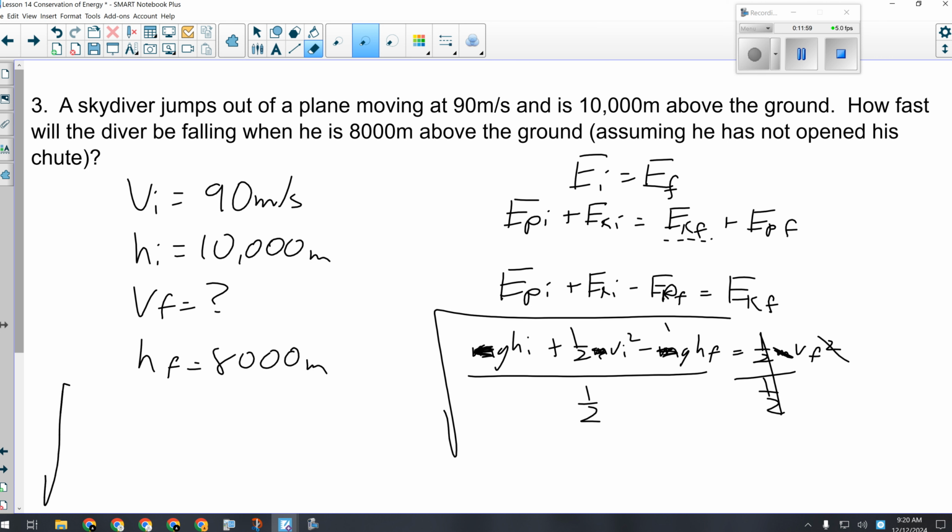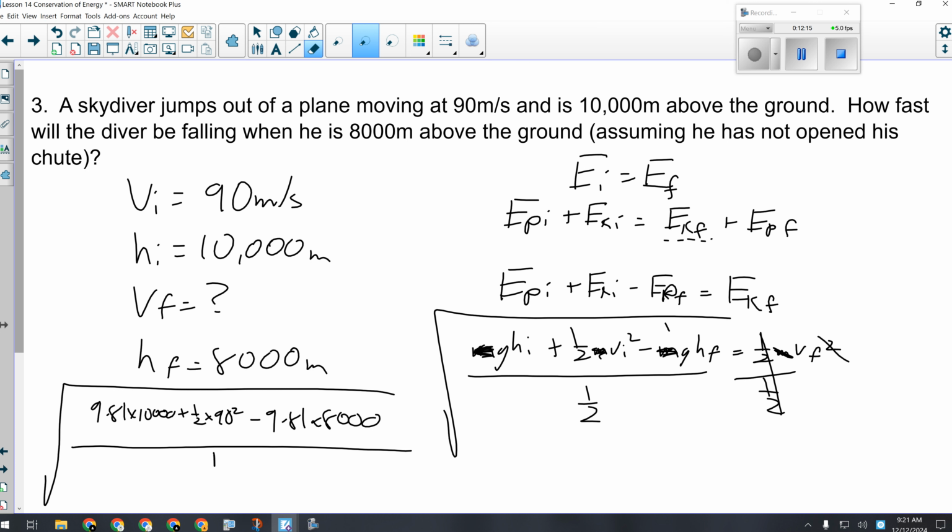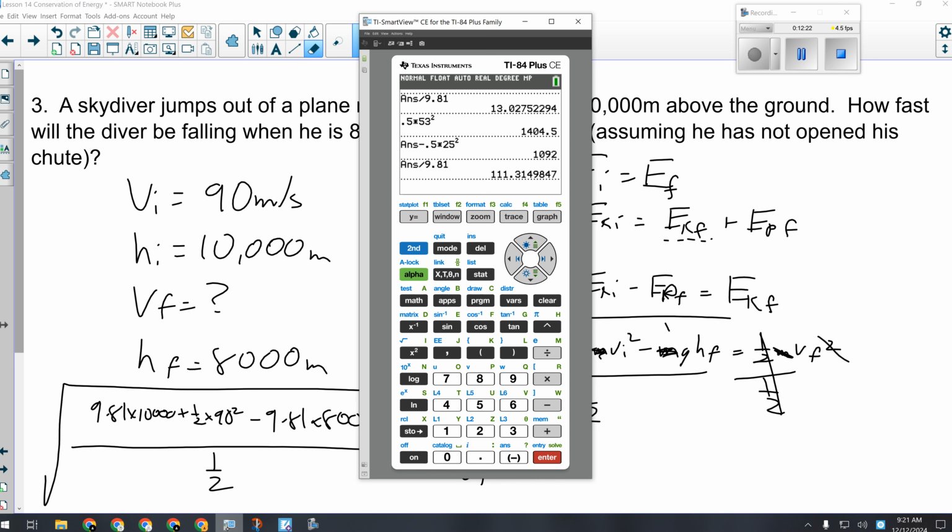Okay, so plugging in all the numbers here. 9.81 times 10,000 plus 1/2 times 90 squared minus 9.81 times 8,000 divided by 1/2, all square rooted, will give me the final speed of the skydiver. 9.81 times 10,000 plus 0.5 times 90 squared minus 9.81 times 8,000 divided by 1/2 square rooted.